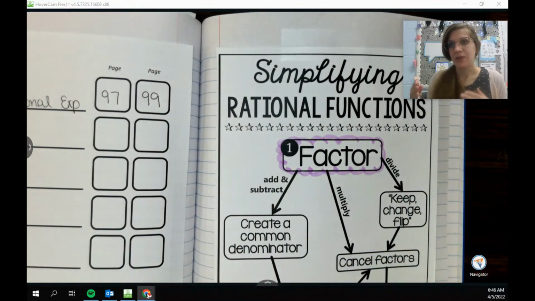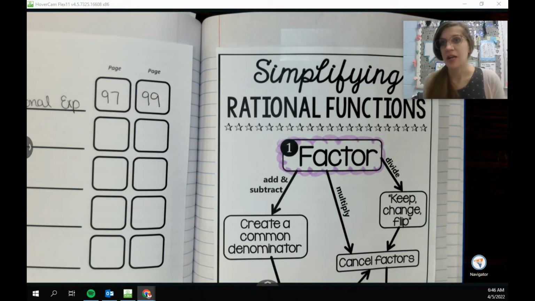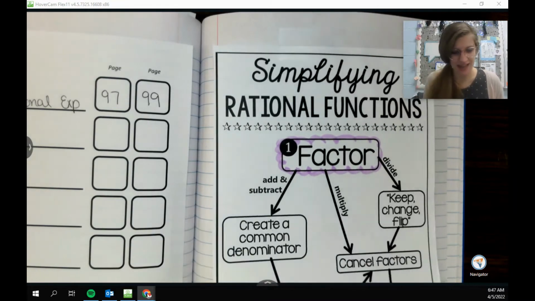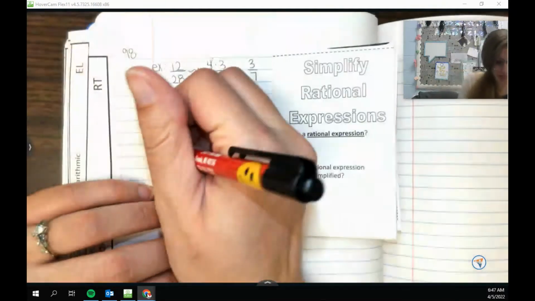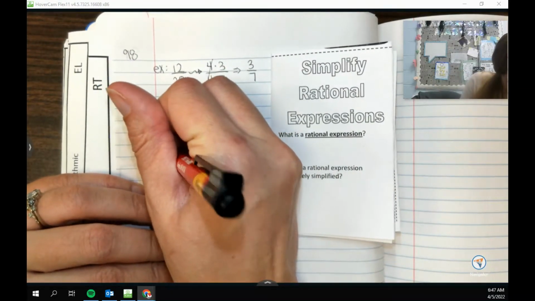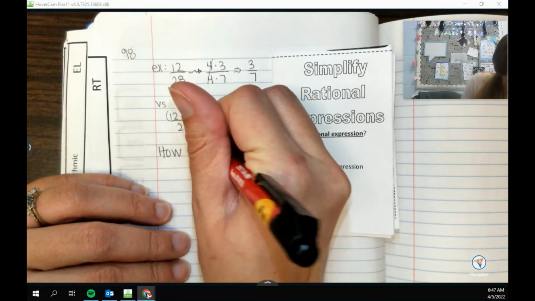No matter what, if you have not factored or attempted to factor before you start dividing stuff out, then you can't divide stuff out. So just don't. So going back to this page here, just a couple of reminders on how to factor.